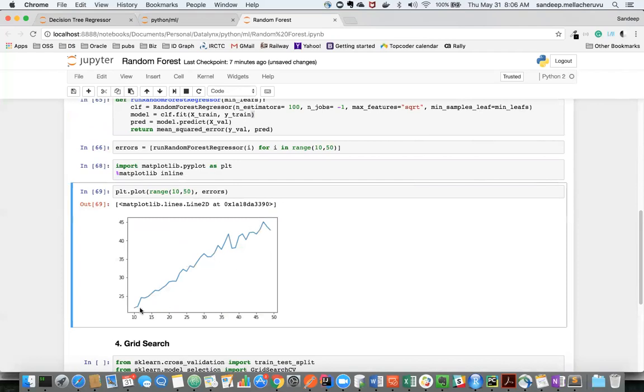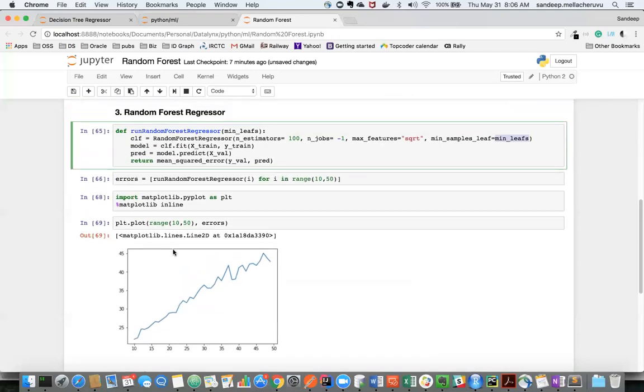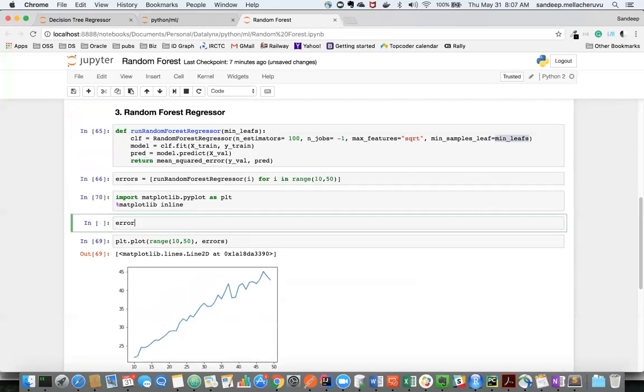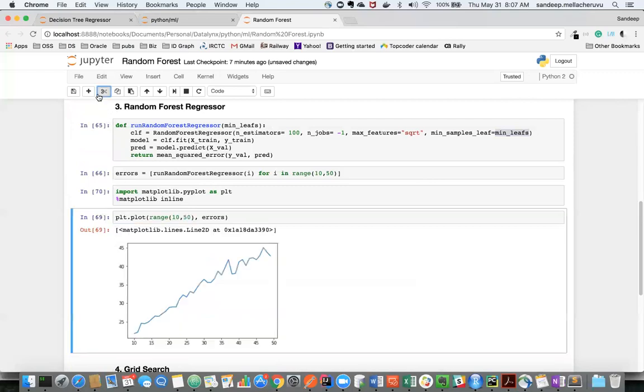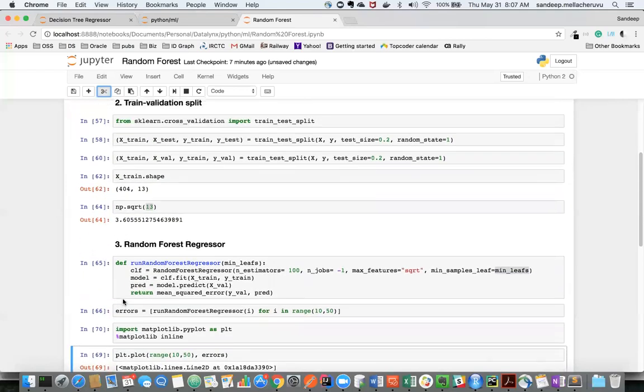You always have to look at the minimum point of this graph. If you have 10 leaves, it is working considerably well. Are you guys clear? What is the minimum error? 20, 21. 21 is your minimum error from your random forest regressor. Are you clear?